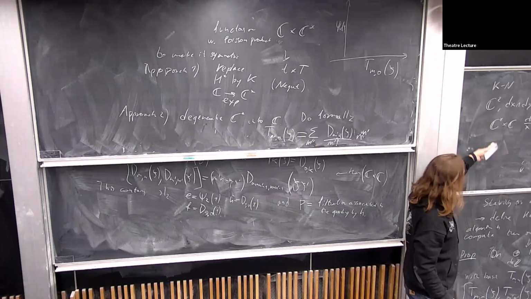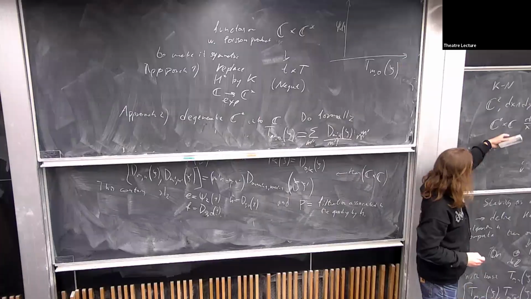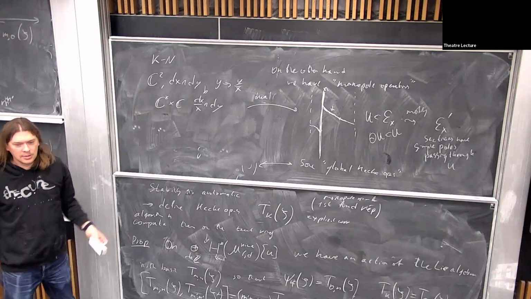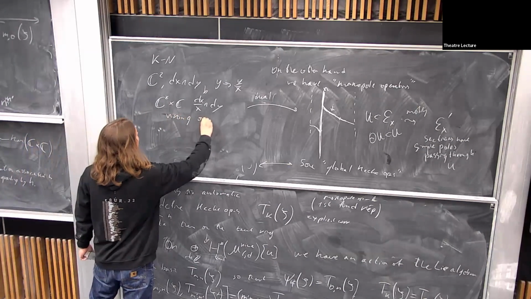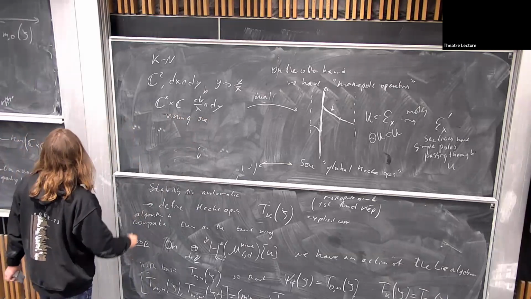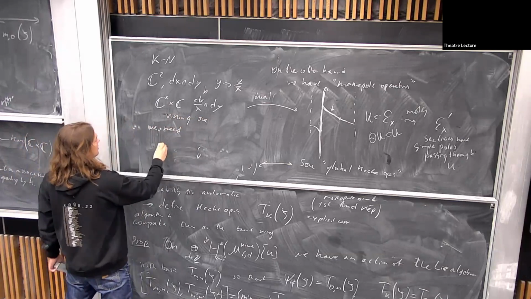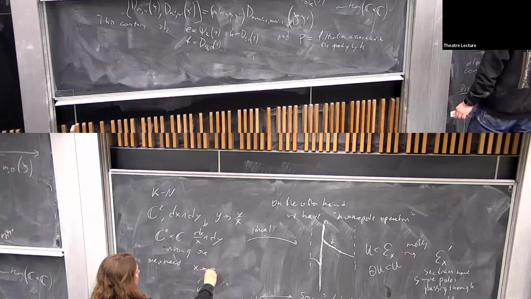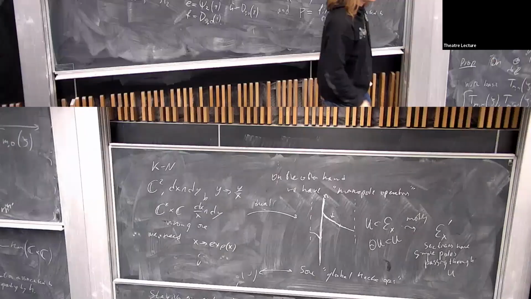It gives you a way to embed this symplectic variety into this symplectic variety. But that's the wrong one. Somehow it doesn't act on our picture, and so we need the map which sends to the exponential. Okay, so let's stop here.